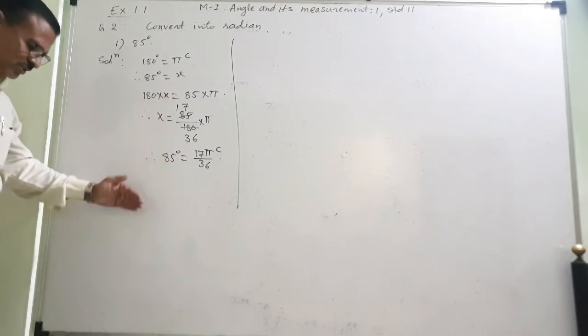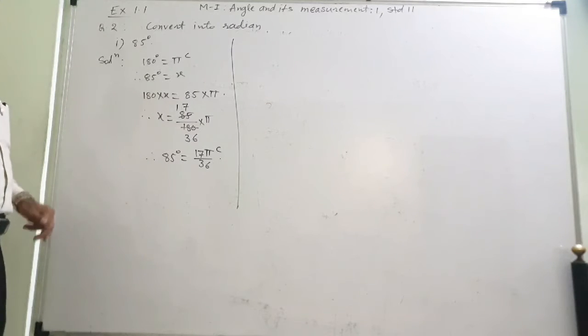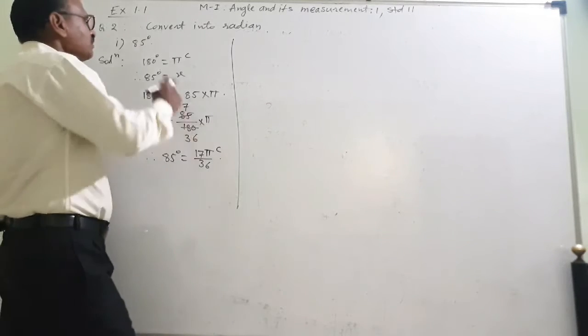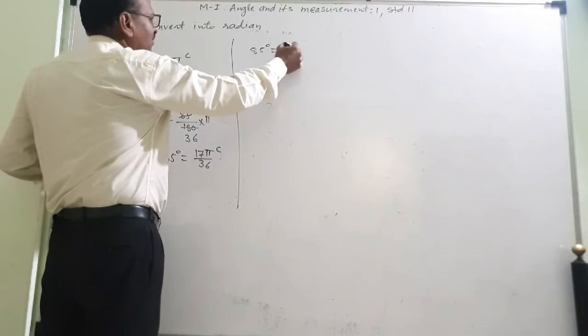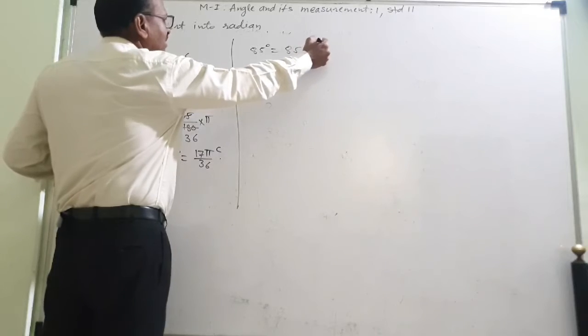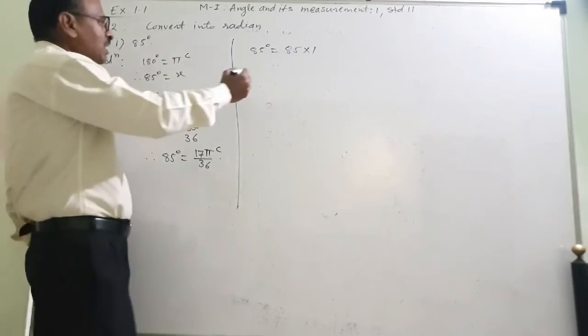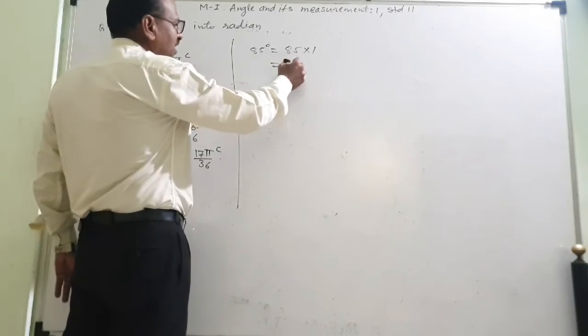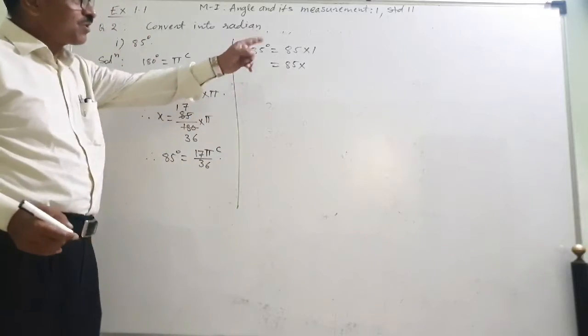For solving, yes, you will solve this way, but it is time consuming. For MCQ, how you will solve? 85 degree is nothing but 85 into 1. Am I right? Yes. So 85 into 1, I want it into radians.